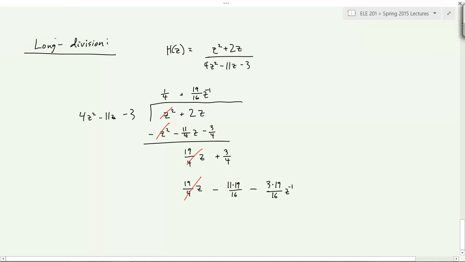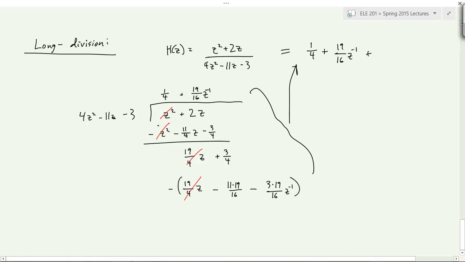So what have I done here? I've said that H of z, I can put it all up above here, equals 1/4 plus 19/16 z inverse plus the part I haven't finished, right? You always subtract this line.